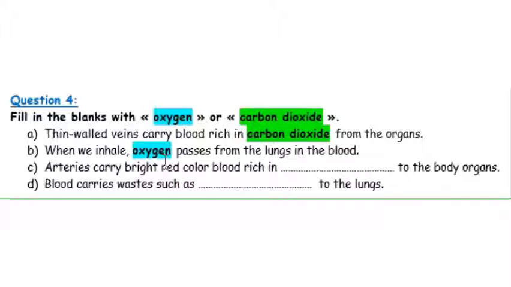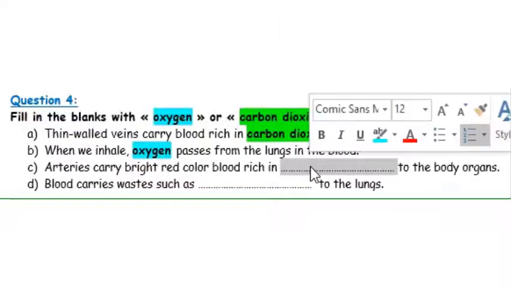Arteries now. Arteries are the second type of blood vessels that we have. Veins are the first type, and arteries are the second type. So arteries carry bright red color blood.